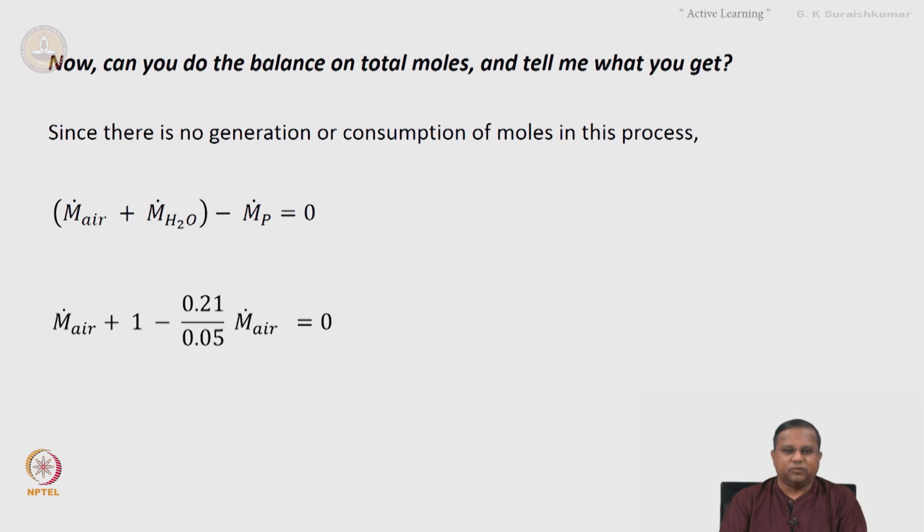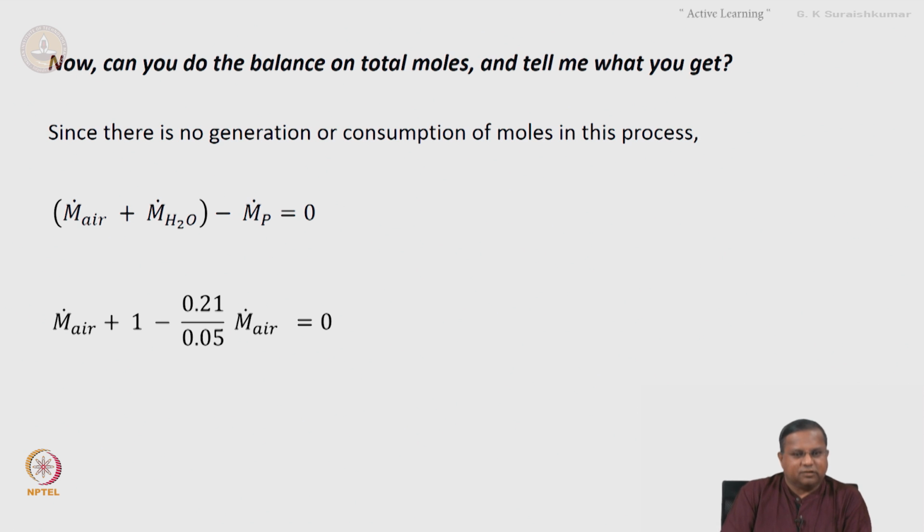Therefore, you substitute the terms in terms of whatever we have found out in the previous parts of the problem. You will get molar flow rate of air plus 1 minus 0.21 divided by 0.05 times the molar flow rate of air, where 1 is the molar flow rate of water from the previous part.